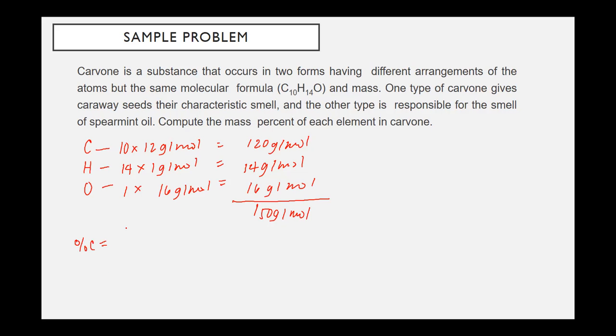So the percent composition naman, so percent C will be from 120 natin, 120 grams per mole over 150 grams per mole times 100 is equal to 80%.